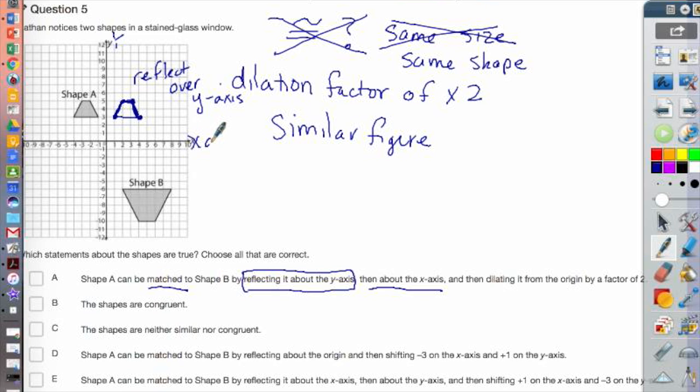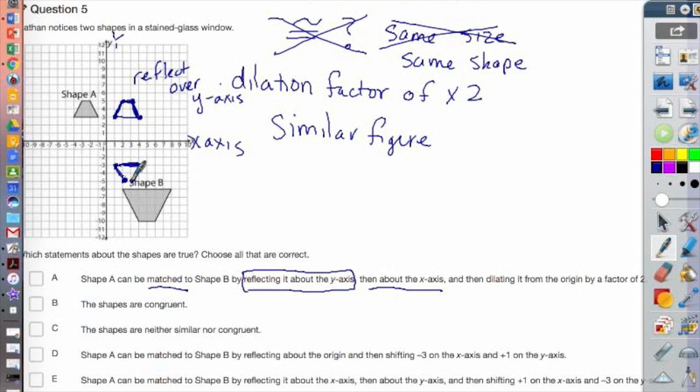This is the x-axis. So 3 down here to 3, 3, 3. And now this shape is flipped over. This is 5 up, so I'm going to go 5 down. 1, 2, 3, 4, 5. And there's 5 to here, 5 down here. So now I have this object flipped over.